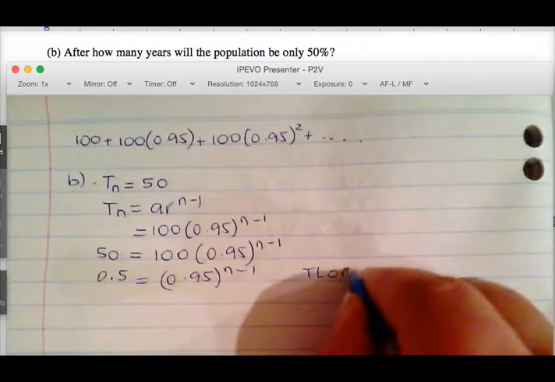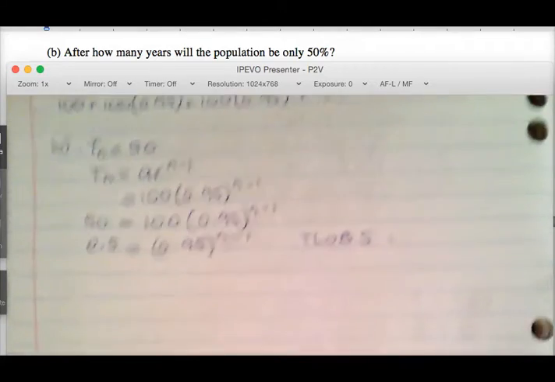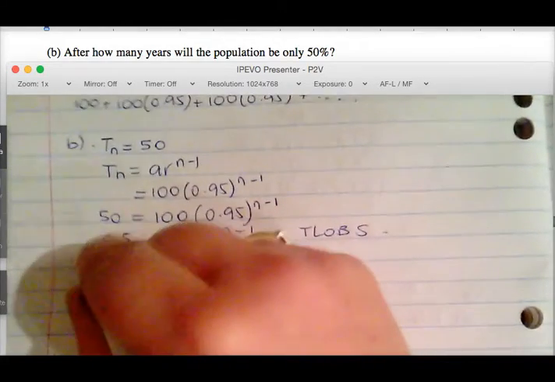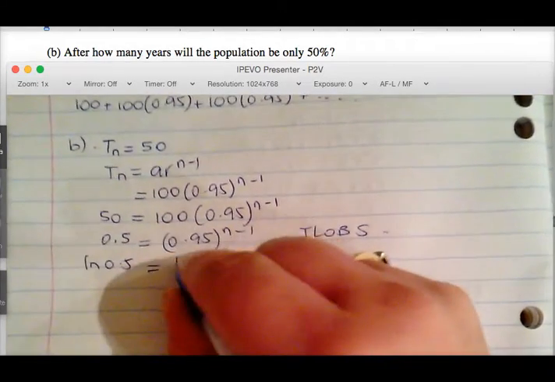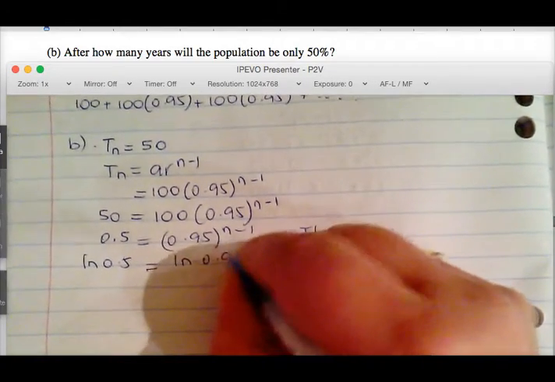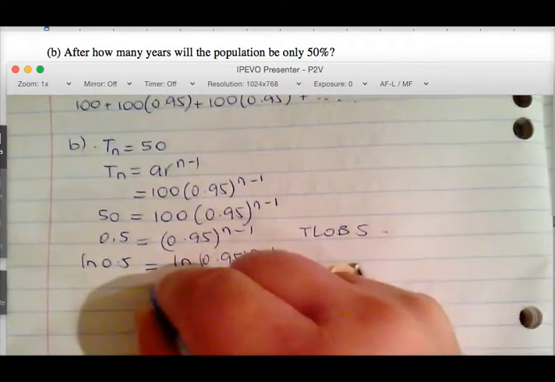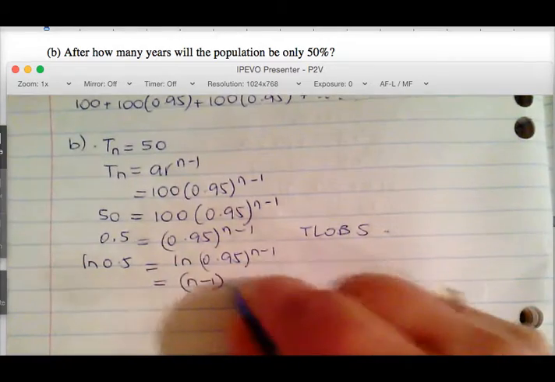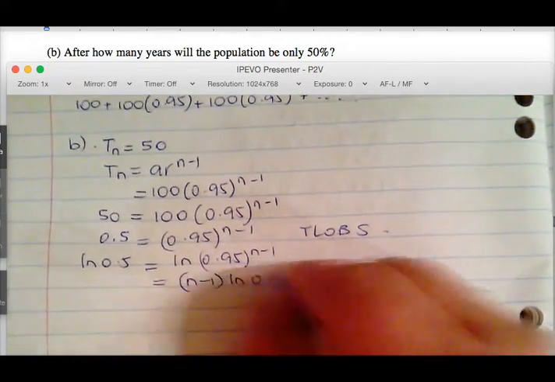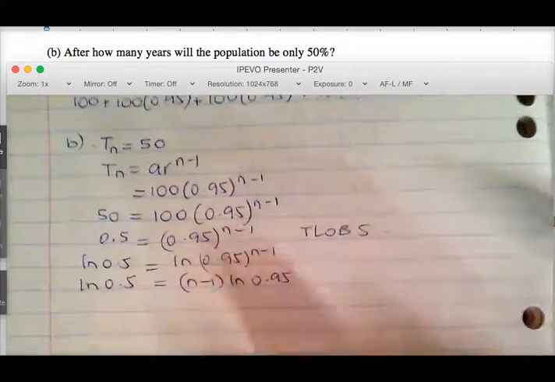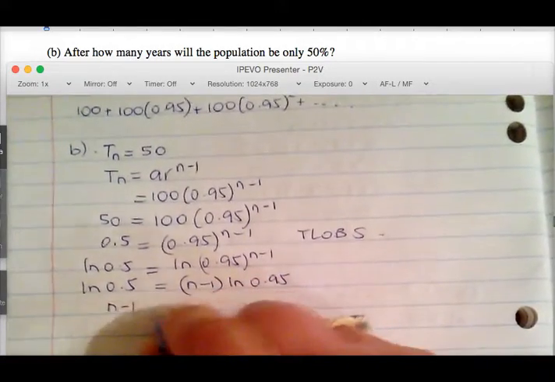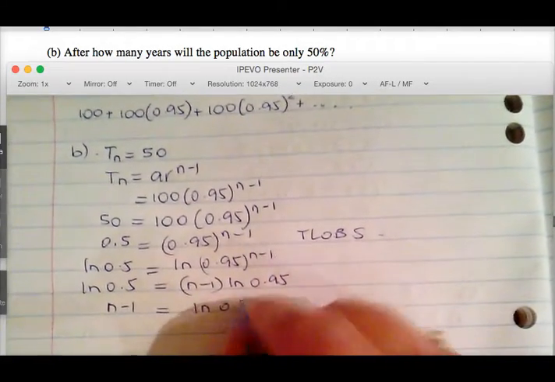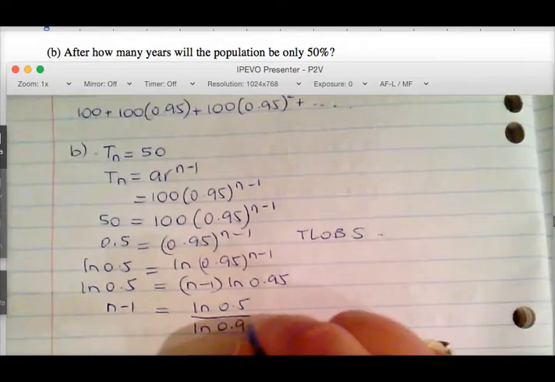Now taking logs of both sides, we've got ln 0.5 equals ln 0.95 to the power of n minus 1, which is n minus 1 times ln 0.95. That's ln 0.5 equals that. So therefore n minus 1 is equal to ln 0.5 over ln 0.95.